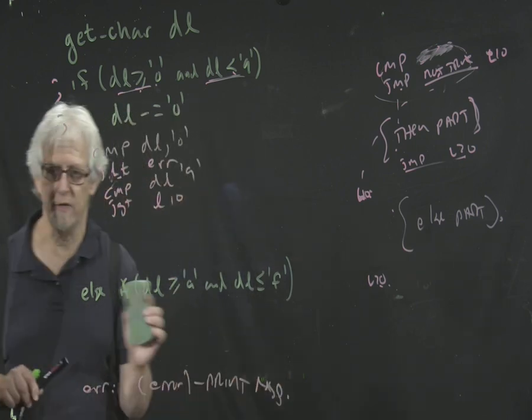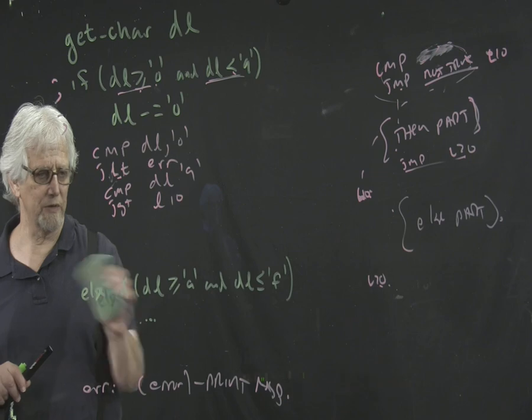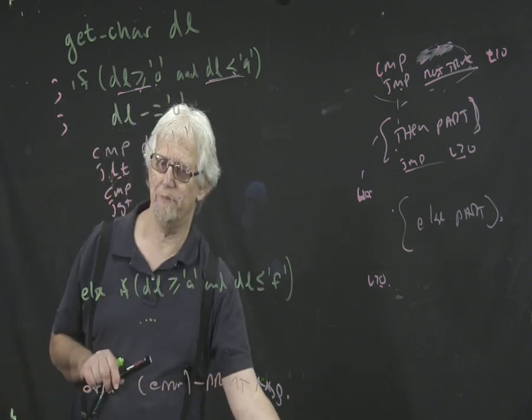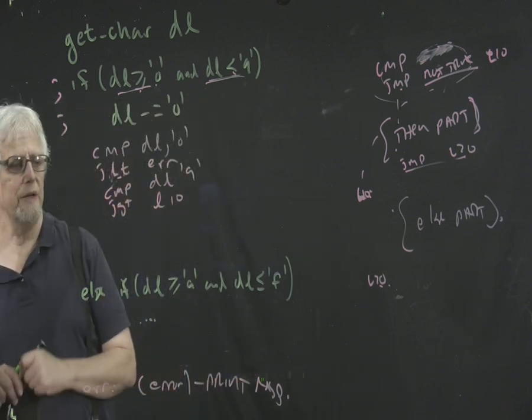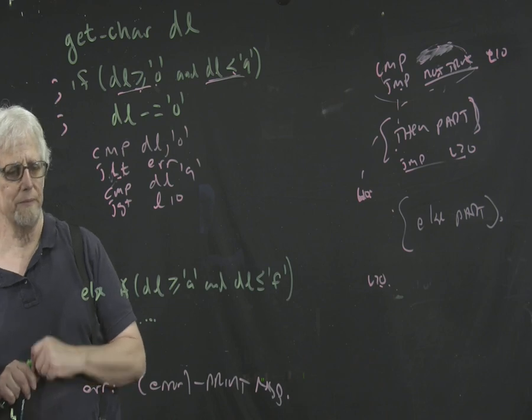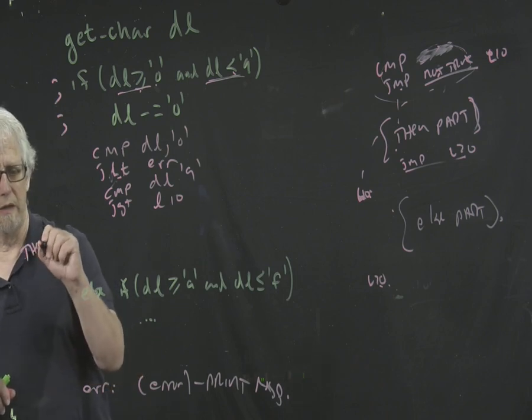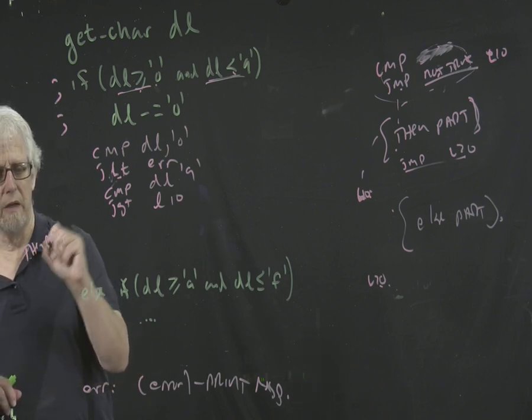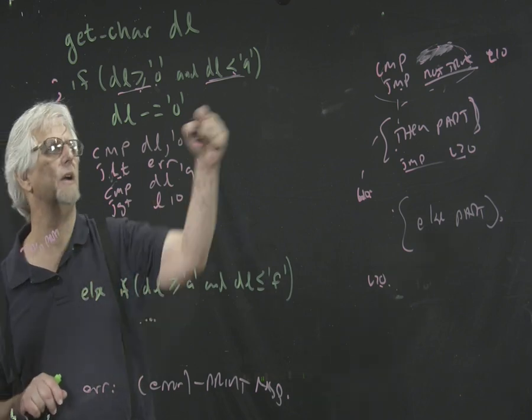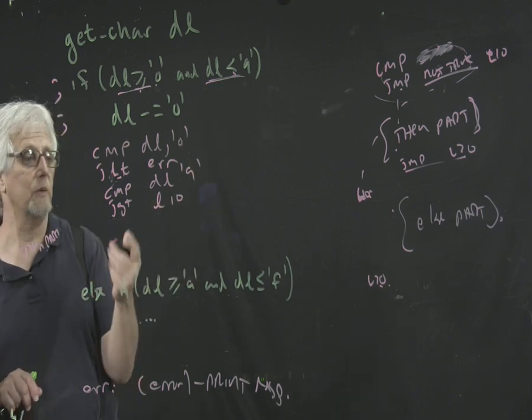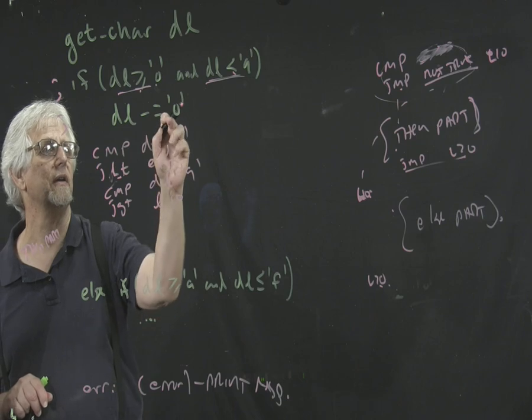Okay, let's get rid of this if here, else here for a moment. Or no, we can leave it here, I suppose. Okay, we now get to the then part. And the then part is going to do what? Well, we need to subtract 0.